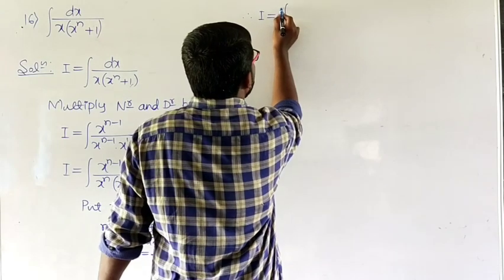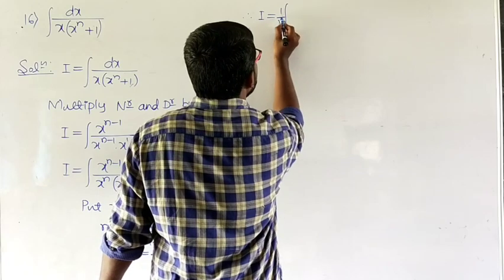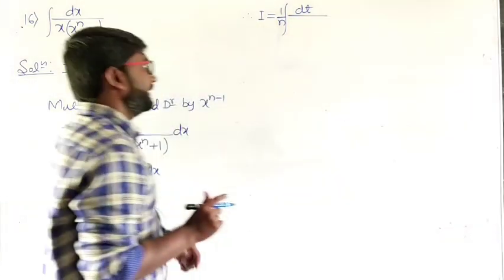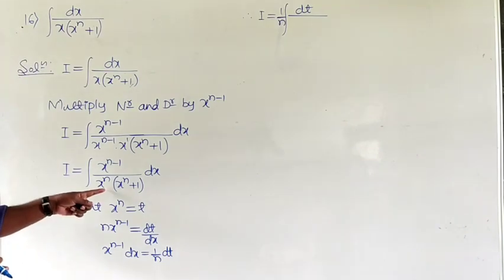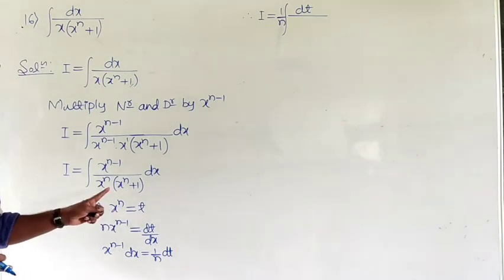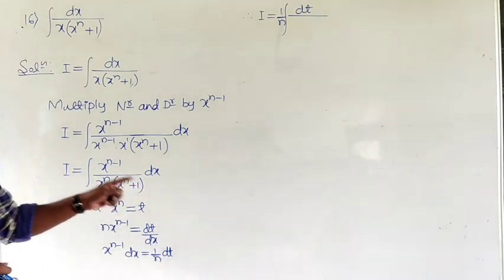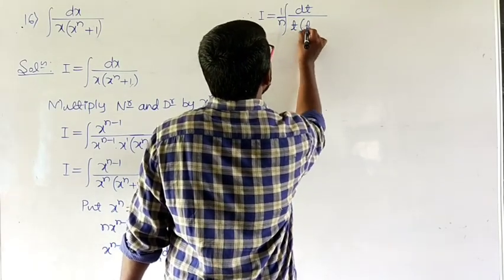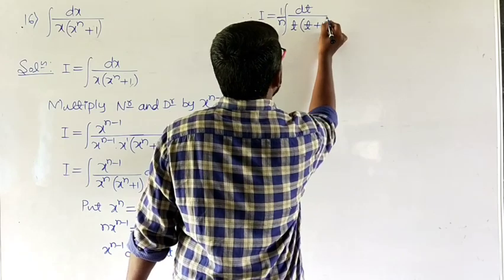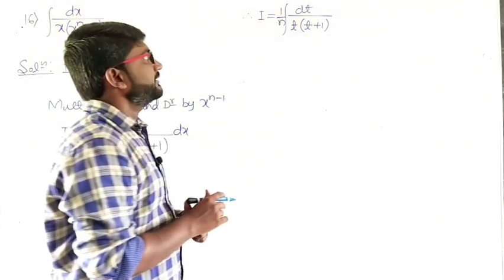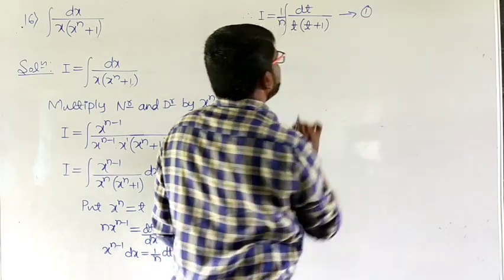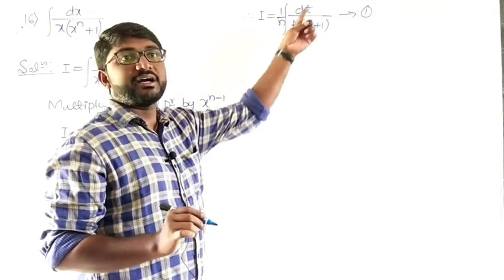So I write that 1 by n outside the integral, 1 by n dt divided by x to the power n as t now. That means it becomes t into t plus 1. Well, let us call this as 1. Now we have to consider only the integrand part.